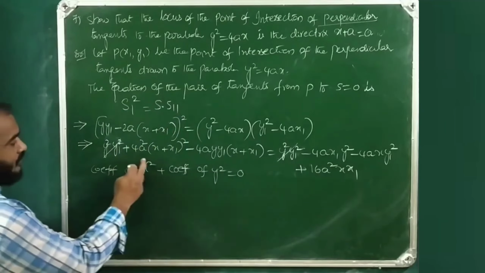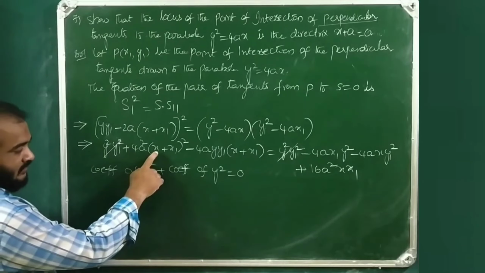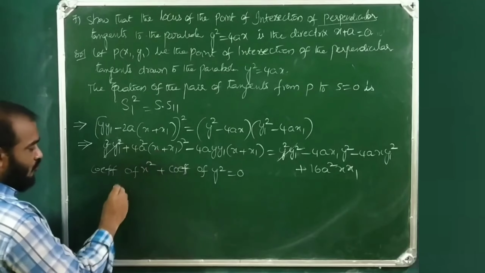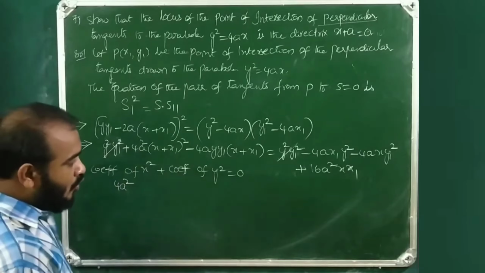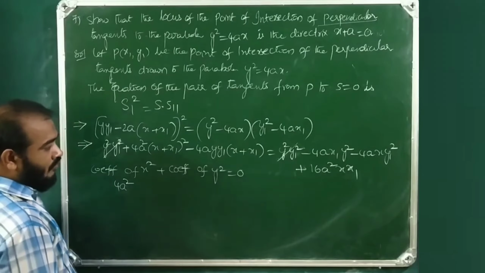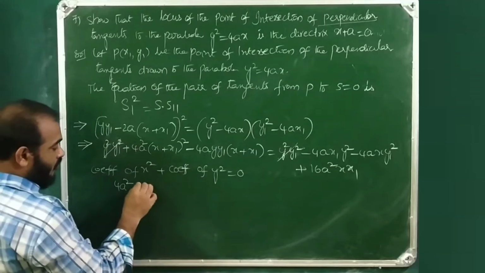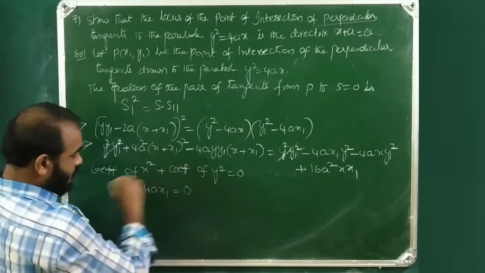So now what is the coefficient of x square here? If you expand, x square plus x1 square plus 2a x x1, so the x square coefficient is 4a square here. This is the coefficient of x square. And the coefficient of y square is here 4ax1. If you transpose this side, 4a square plus 4ax1 equals to 0.